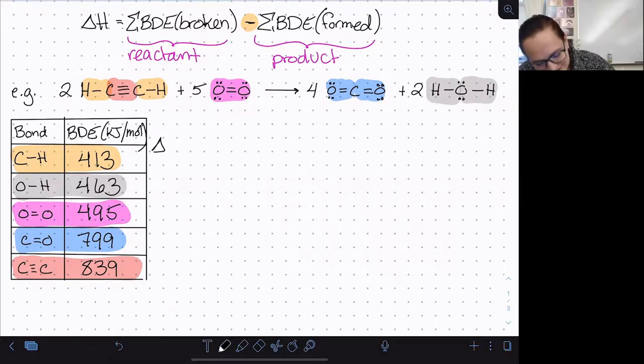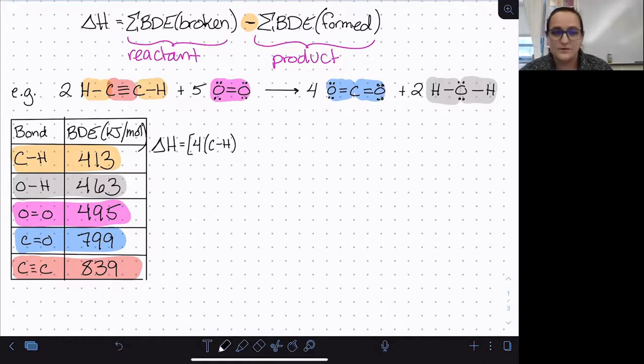So to find our delta H, we have 2 moles of acetylene, and each acetylene molecule contains 2 CH bonds. So we have a grand total of 4 CH bonds. So we're going to do 4 times the CH bond energy.